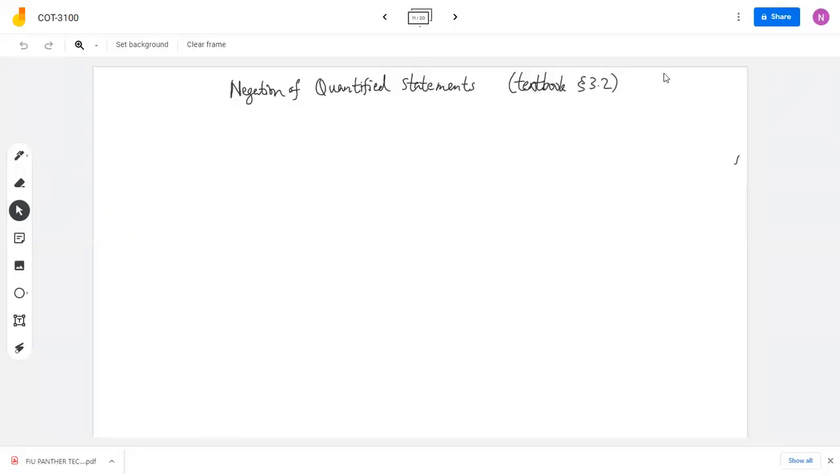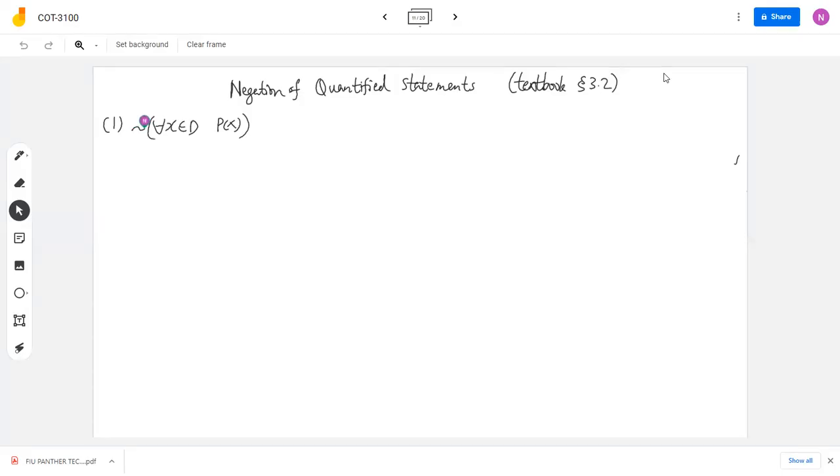Okay, so let's continue our discussion of negation of quantified statements. Let's first look at one example. Suppose I have a statement of the form for all x in D, P(x), where P is a predicate. Note that this is a quantified statement.